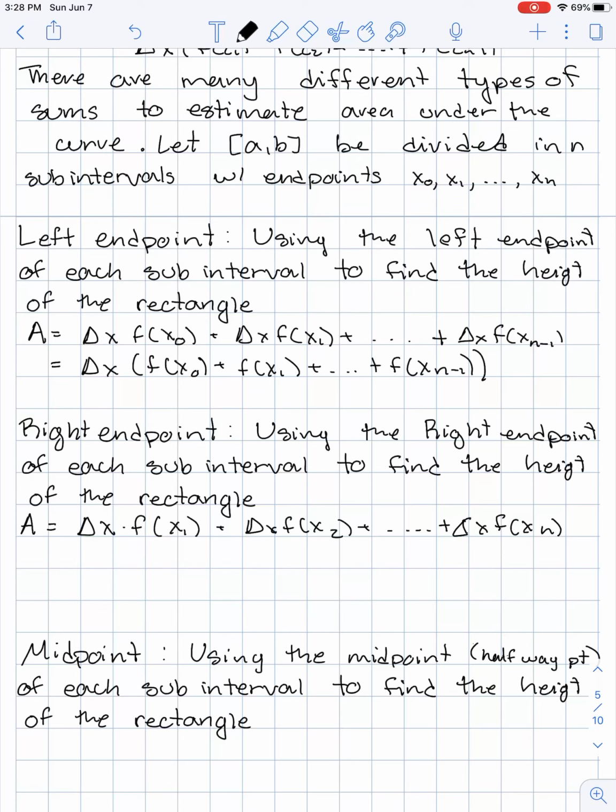I'm not choosing the first endpoint x0 because it's the left of the first one. So with left endpoint, I'm leaving out x sub n, my last endpoint. With right endpoint, I'm leaving out my first endpoint, x sub 0. And similar to what I did above, I can pull out my delta x.